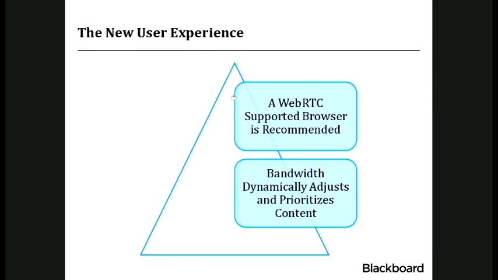So for example, if folks are sharing webcams and someone is on an extremely slow connection, they're not going to see the webcams. It's going to tell them that. We notice that your bandwidth has dropped, and we are continuing to send the audio information. You'll receive the rest of it when your signal improves, right? So it's a really nice way for it to dynamically adjust to each and every user.